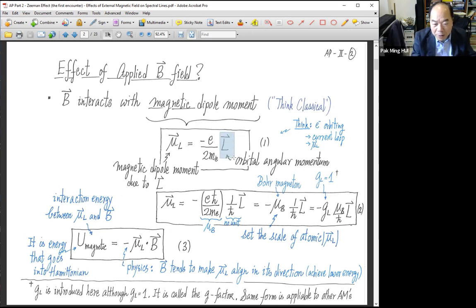So we have an orbital angular momentum due to electron. Because electron has charge minus e, there is an associated magnetic dipole moment that goes with the orbital angular momentum.